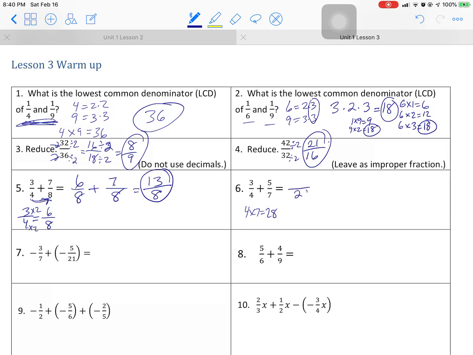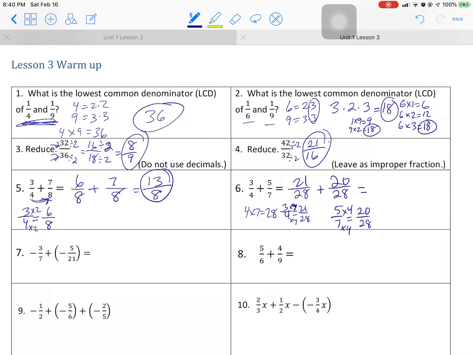So I'm going to turn into 2 equivalent fractions with a 28 on the bottom. So 4 goes into 28 how many times? Well, 7 times. So 7 times 3 is 21. So that's a 21. 5 over 7 equals what over 28? Well, 7 times 4, and 4 times 5 is 20, so that's a 20.